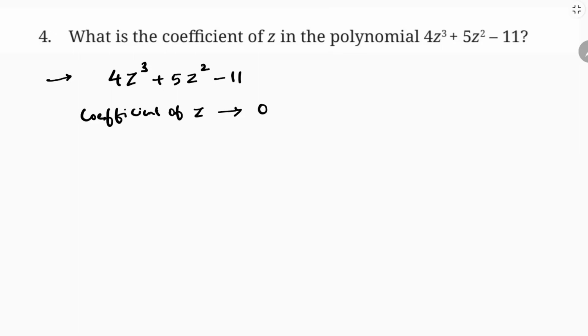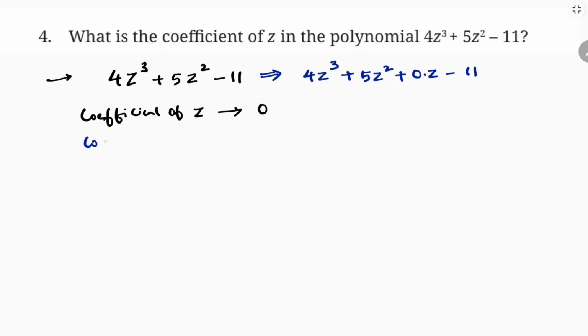So the coefficient will be 0, or you can write this polynomial as 4z cube plus 5z square plus 0 into z minus 11. So clearly now you can see the coefficient of z is 0 because there is no term with the variable z. We have z cube, z square and a constant, but we don't have a linear term, so that's why the coefficient is 0.